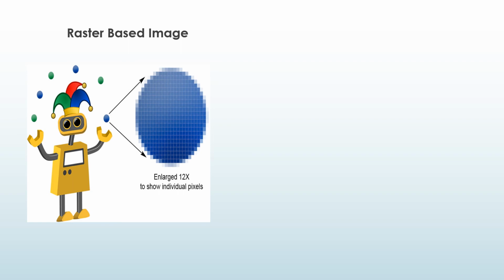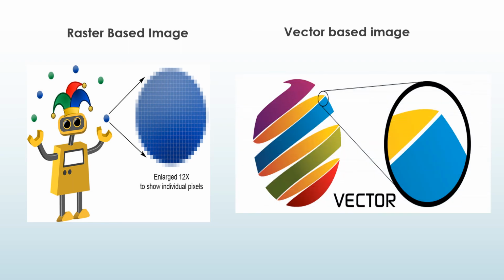That small box is a pixel. That is how a raster-based image is built. But with a vector-based image, however much you zoom, the image stays clean and tidy. That is what a vector-based image is.